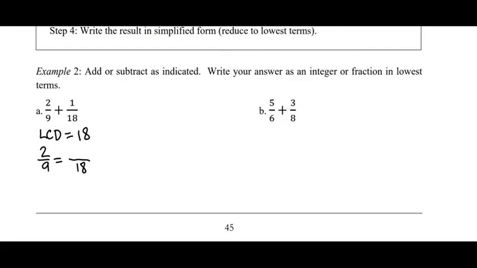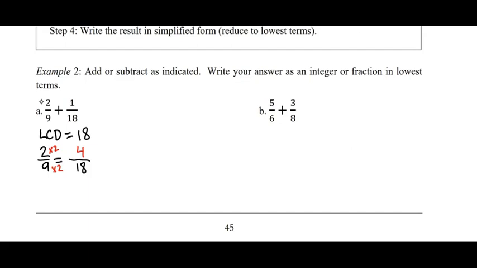So to go from 9 to 18, I multiply by 2. 9 times 2 equals 18. So that means I need to multiply 2 by 2 as well. So the new numerator is 4. 2 over 9 is equivalent to 4 over 18 because the numerator and denominator were both multiplied by 2.